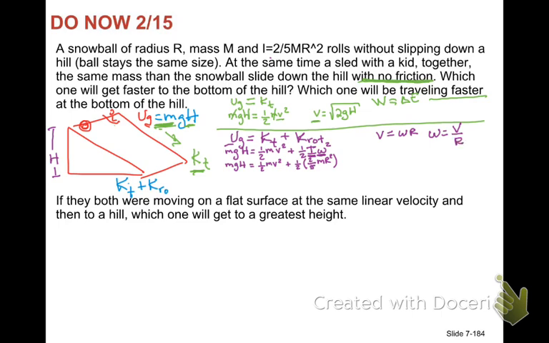So instead of the angular velocity, I'm going to say linear velocity over radius. And by the way, it is squared. So it will be linear velocity v squared over r squared.